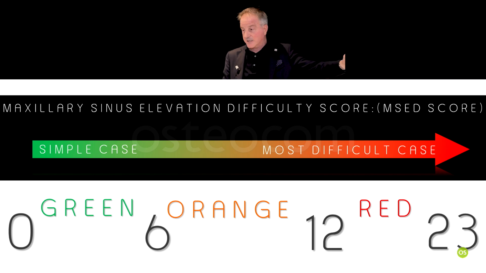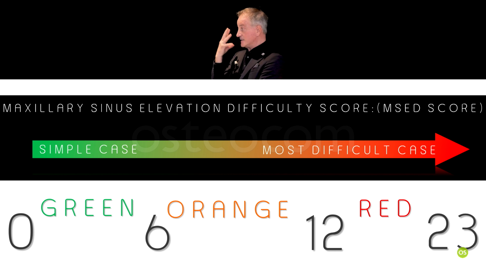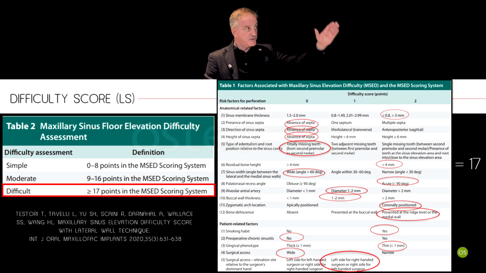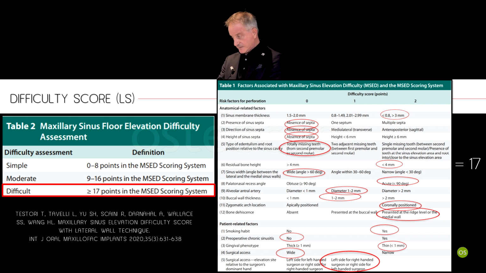And the easy ones are the ones that have certain face characteristics. And along with the face characteristics, there are some other characteristics like the thickness of the bony wall, the presence of septa, the presence of the artery, the presence of a mucosal cyst, the presence of fenestration, some features that you can see on a CT scan.